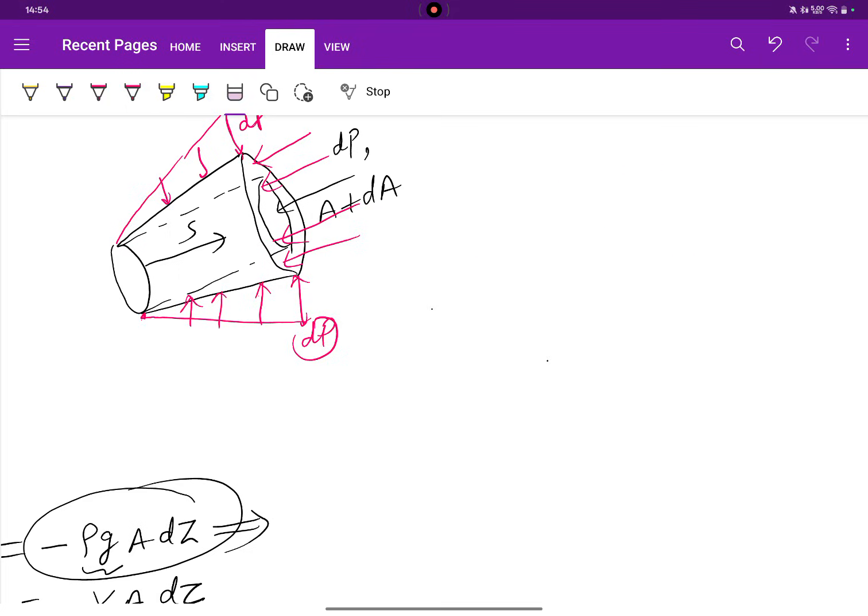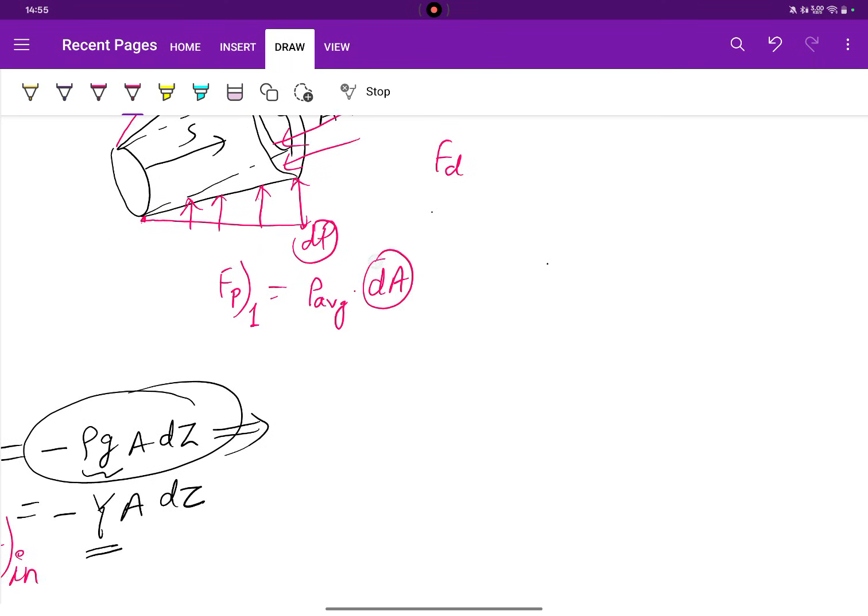And that component also is going to be along the positive direction. What would be that component? Let me call it fp1. That is going to be basically average force into area of cross section. So we are only considering the change in area, right? Average force is going to be half of 0 plus dP, so dP by 2 into dA.